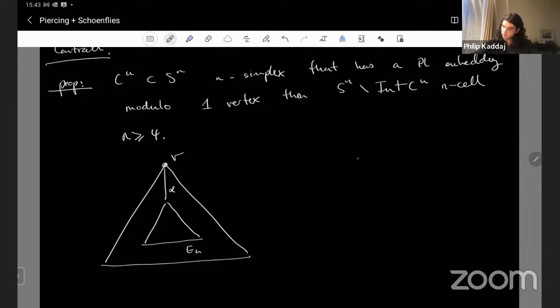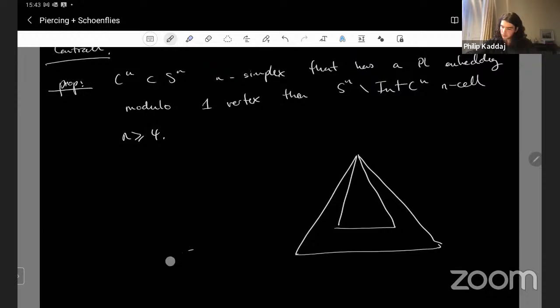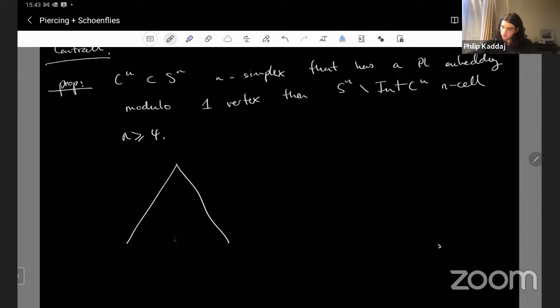And then we do a similar thing here, except we take another simplex. So we have our original simplex Cn.